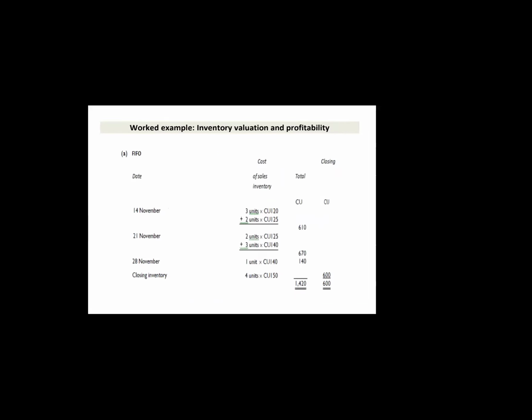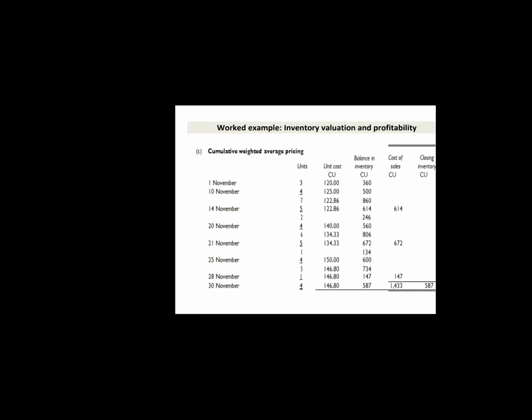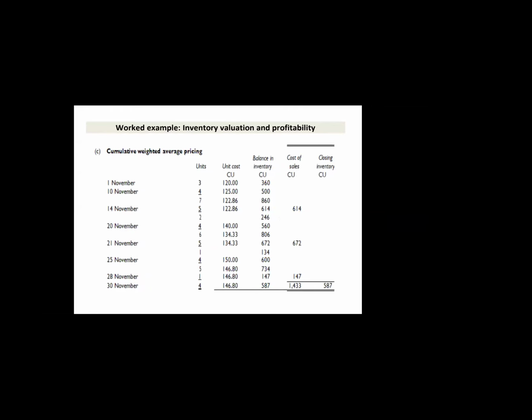Per unit product cost would be 122.86. So we issue 5 units at the rate of 122.86, equal to 614.